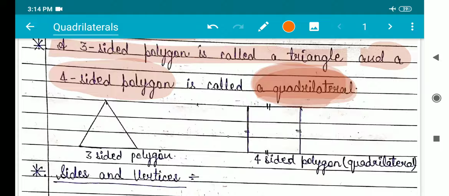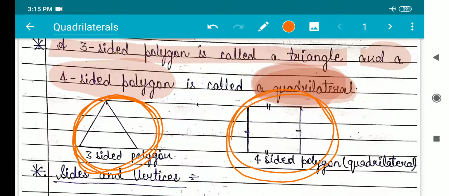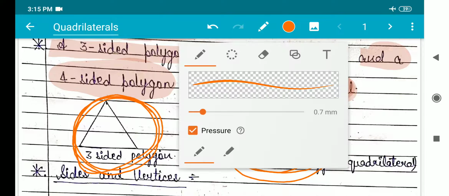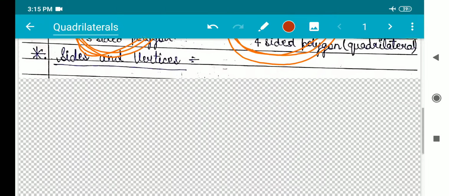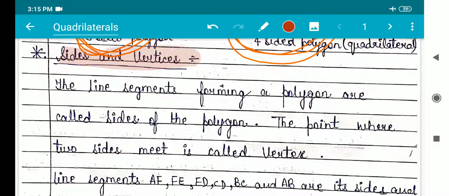We can see in the figure given below that this is a three-sided polygon, which is called a triangle, whereas this is a four-sided polygon, which is called a quadrilateral. So this is the difference between a three-sided polygon and a four-sided polygon, which is called a quadrilateral.